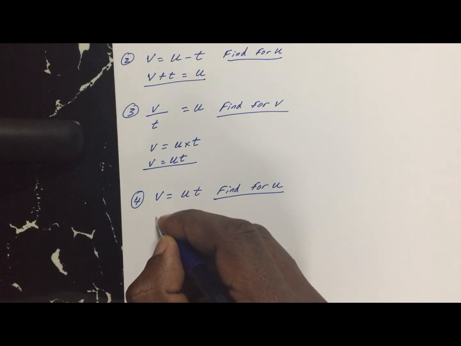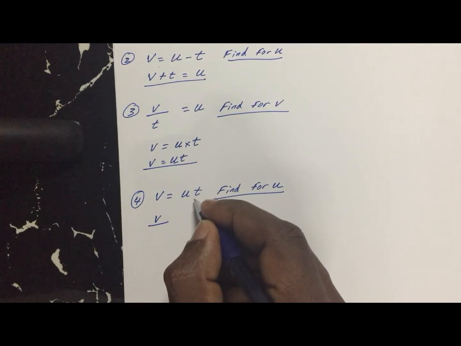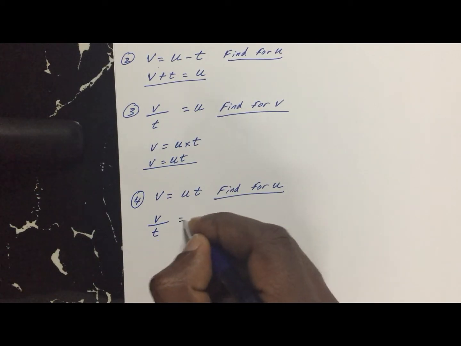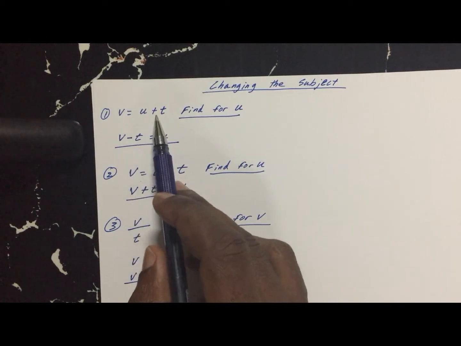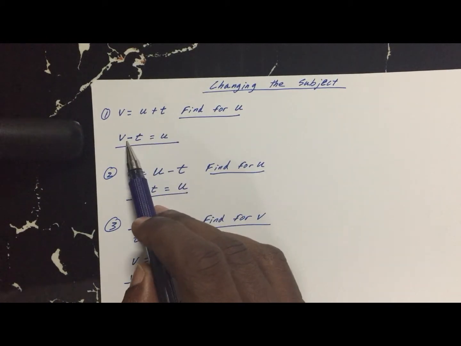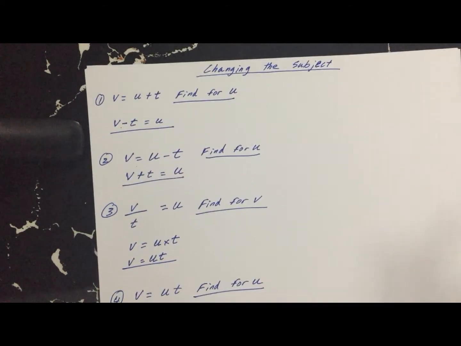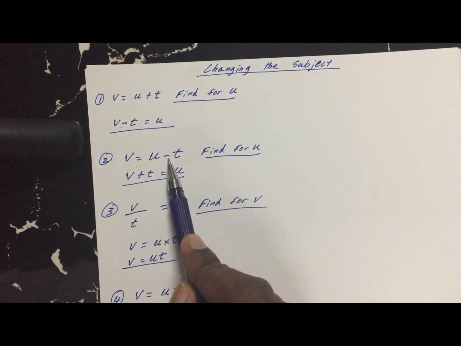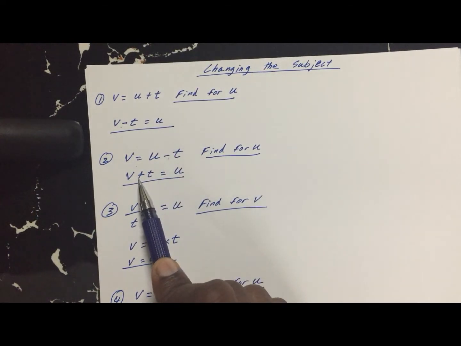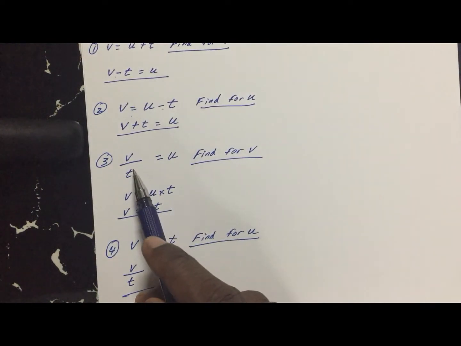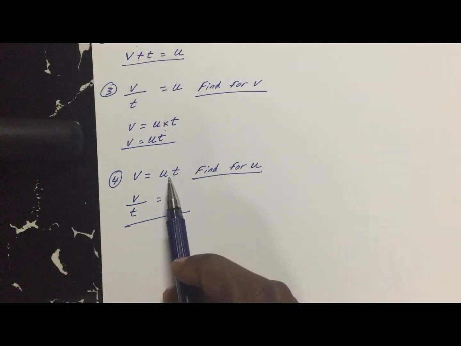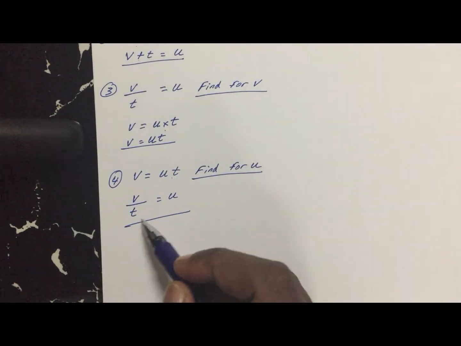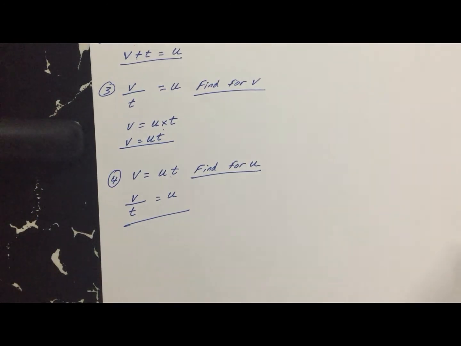So basically what we have is v divided by t is equal to u. There we go. So when you're adding, you subtract on the other side of the equal sign. When you're subtracting and you're moving over, you add. When you're dividing and you're moving over, you multiply. And once you're multiplying and you move over, you divide.